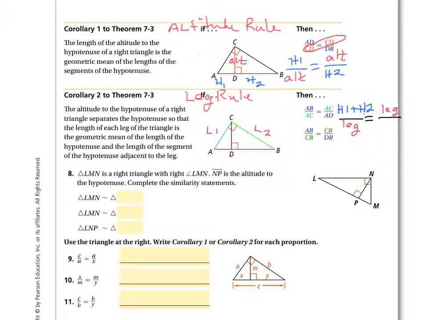And then on the other diagonal goes, and this is going to be a little bit of writing, the piece of the hypotenuse that touches the leg. So that could be H1 or H2. And in our case, this is H1 and this is H2.